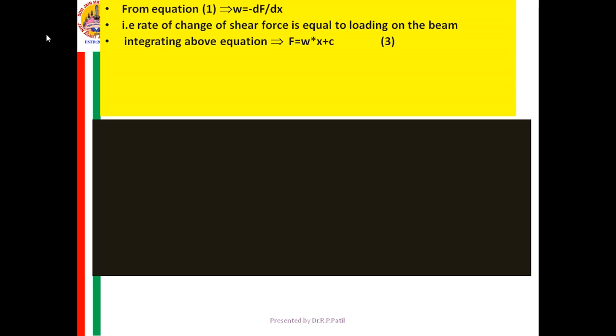F is equal to Ax plus C. Can you imagine what may be the variation of F with x? A is constant, x is changing, C is constant. F is linearly changing. If load is constant, shear force is linearly changing. Y is equal to Ax plus B.